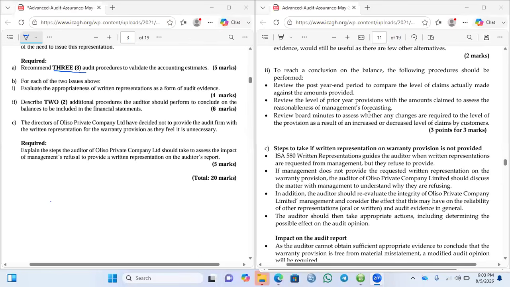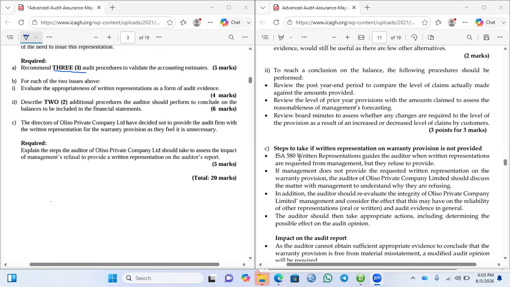So the last question, I think question 2C, it says that the management have refused to give the written representation. So the requirement is explain the steps the auditors should take. So it says steps to take if written representation is not provided.